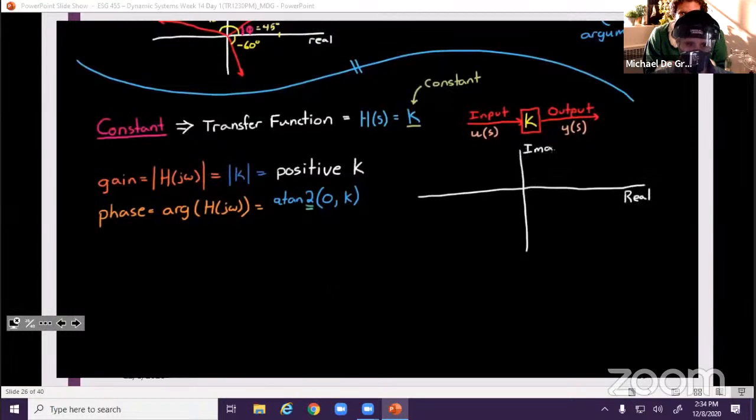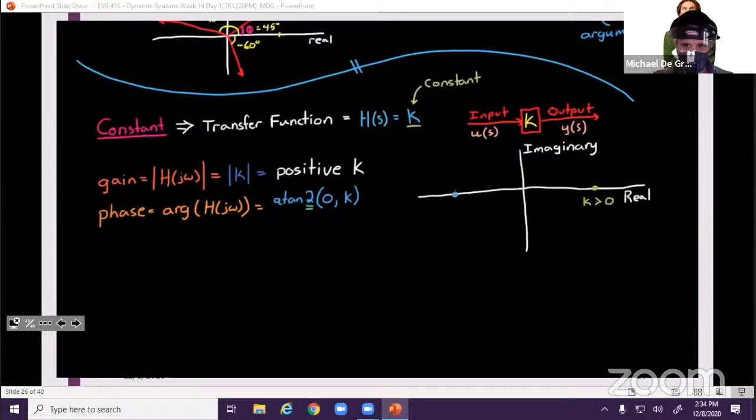If we were to plot this on the real and imaginary axis, then all of the values would lie on the real line since there is no imaginary component. If k is a positive number, then it'll appear on the right side, and if it's a negative number, it'll appear on the left side. But one thing to note about both of these positions is that whether k is positive or negative, the point still exists exactly a distance of |k| from the origin.